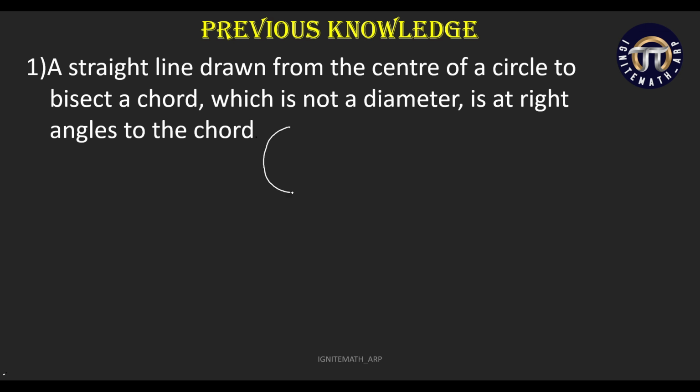If I draw a bisector from the center of the circle to the chord, say AB is a chord and OP is the bisector drawn from the center of the circle to the chord, it is going to be at a right angle to the chord AB. In the sense, if AP is equal to BP, then I can say OP is perpendicular to AB.